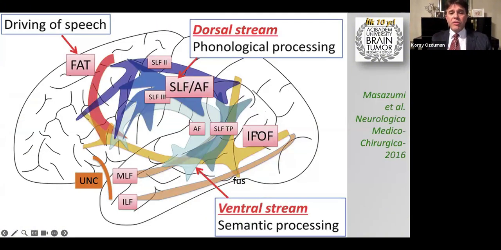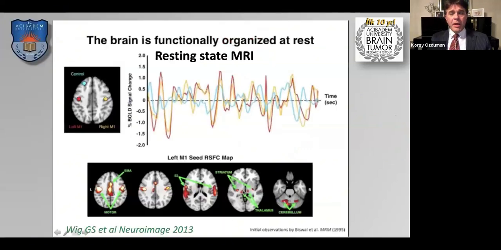And we know these connections by studying neuroanatomy. Over the years, people started getting this information also in live people, without having to do an anatomical dissection.